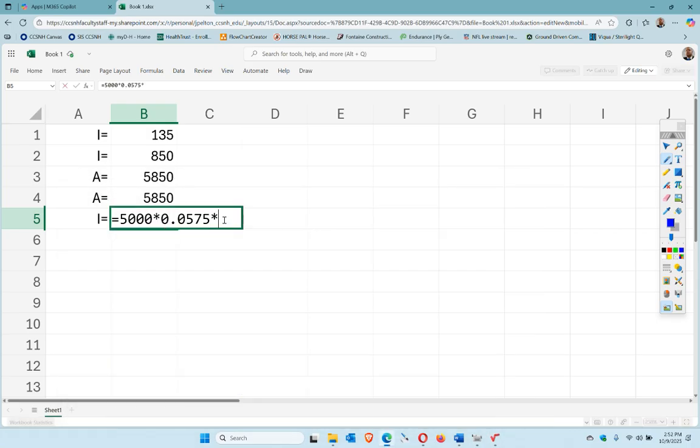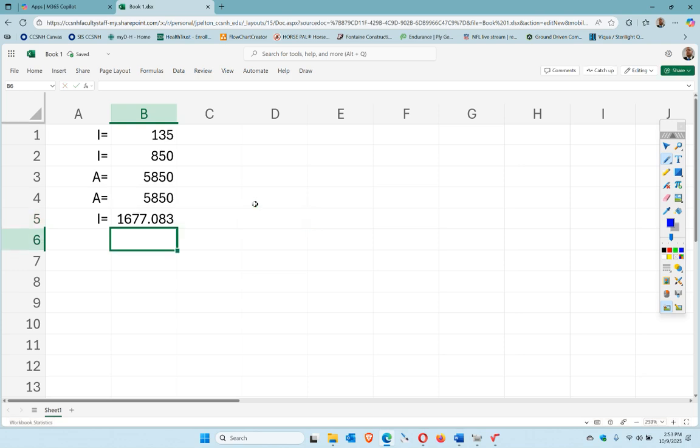So times, parentheses, 70 divided by 12, right? So we have the principal, the interest, and the number of years, which is a fraction, because not everything is a whole number of years. It might be 6 years and 2 months, who knows, you know what I'm saying? Okay, so we get that amount of money there.